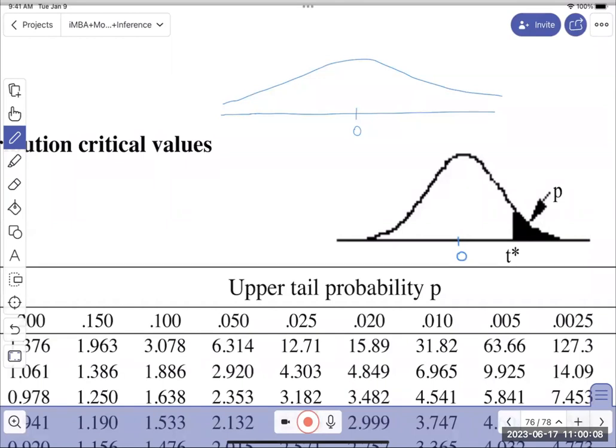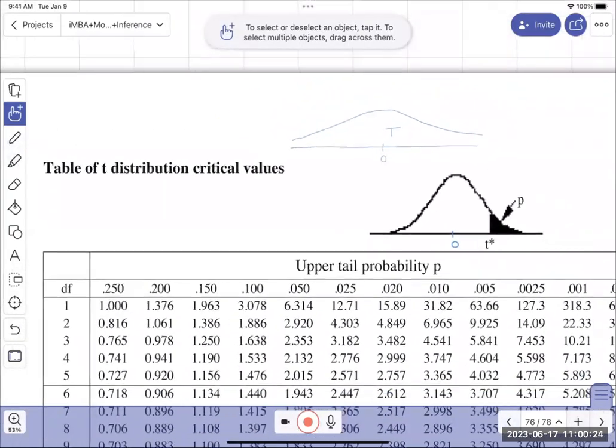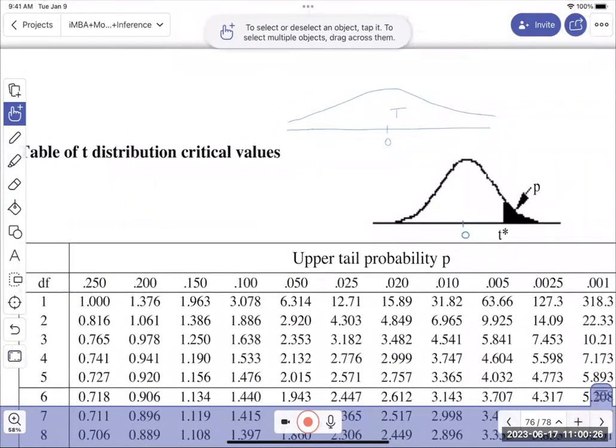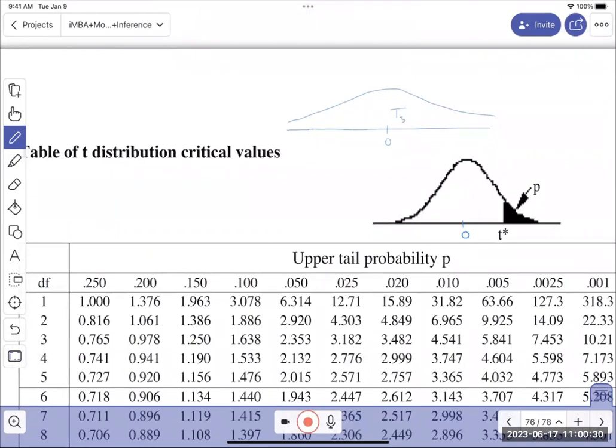Okay, so T depends on the sample size. The T distribution depends on the sample size. So let's look at a T of 5. This is a T distribution with 5 degrees of freedom.